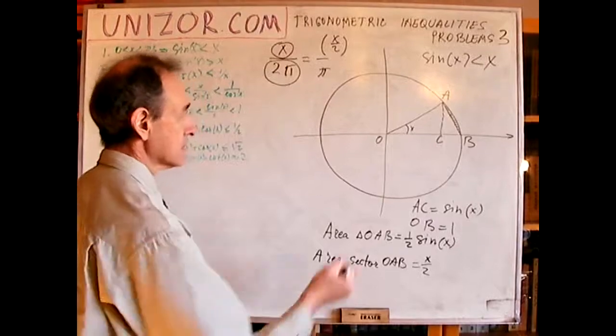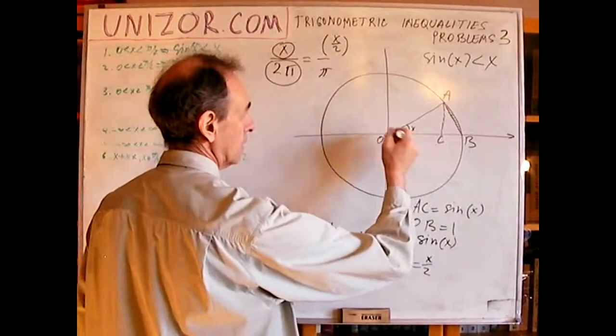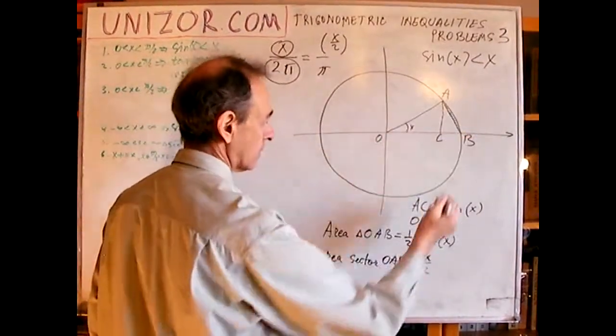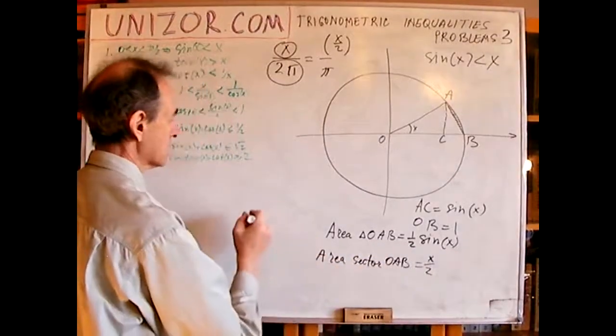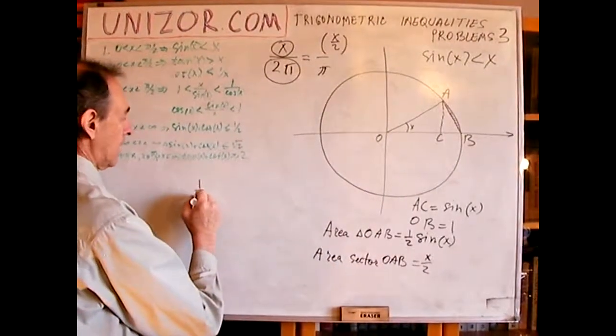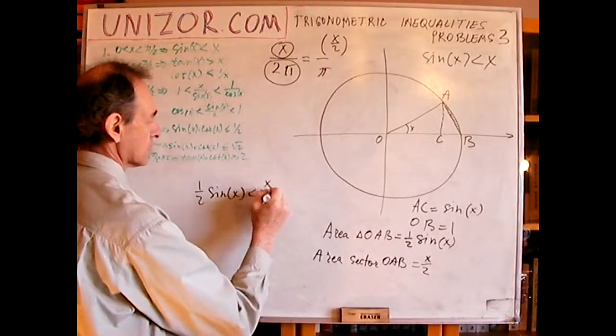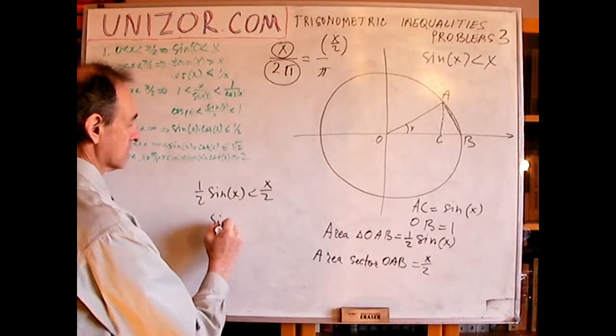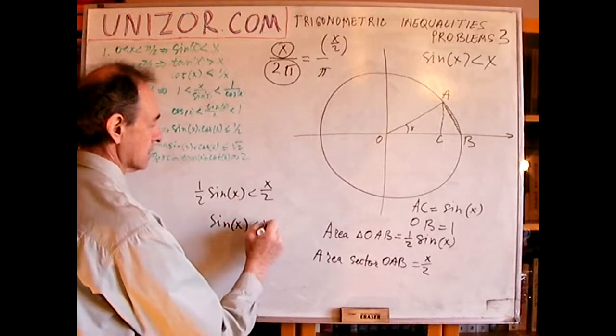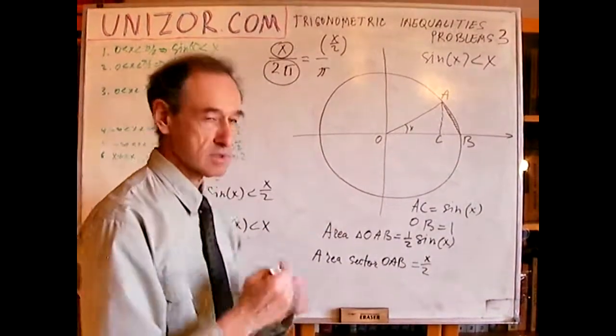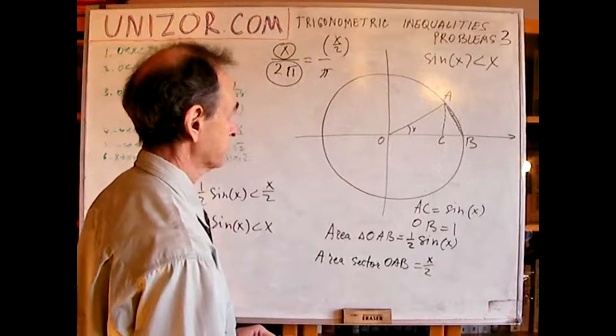And since area of the triangle is less than the area of a sector, I can conclude from this that 1/2 sine of x is less than x over 2, which means that the sine of x is less than x, which is to be proved, right?